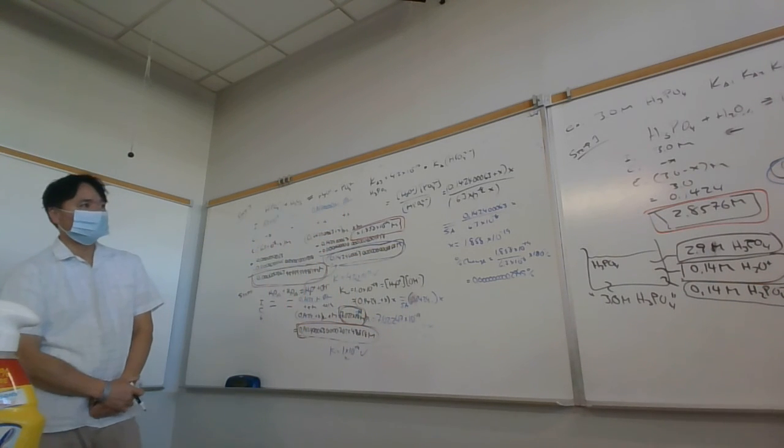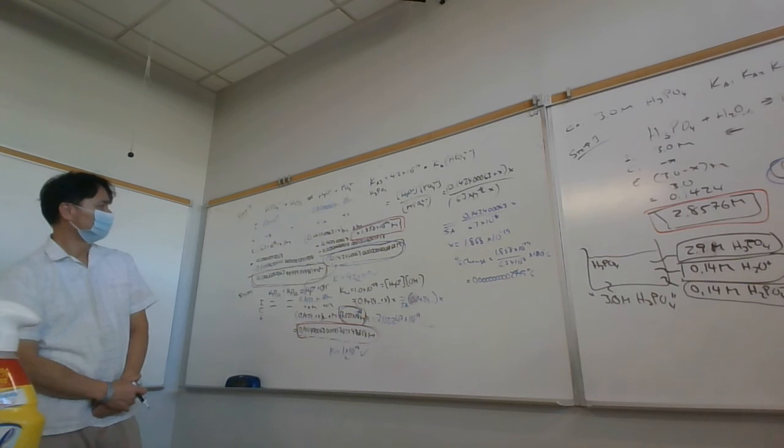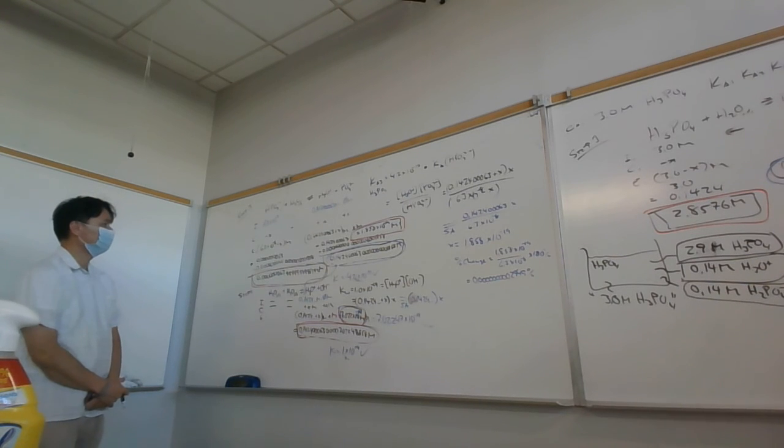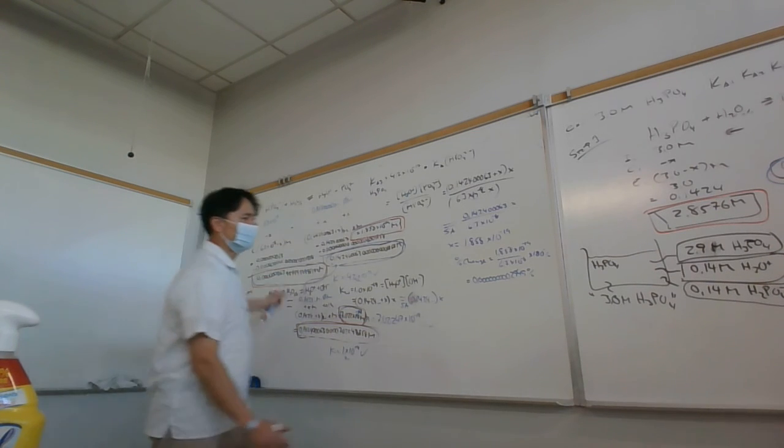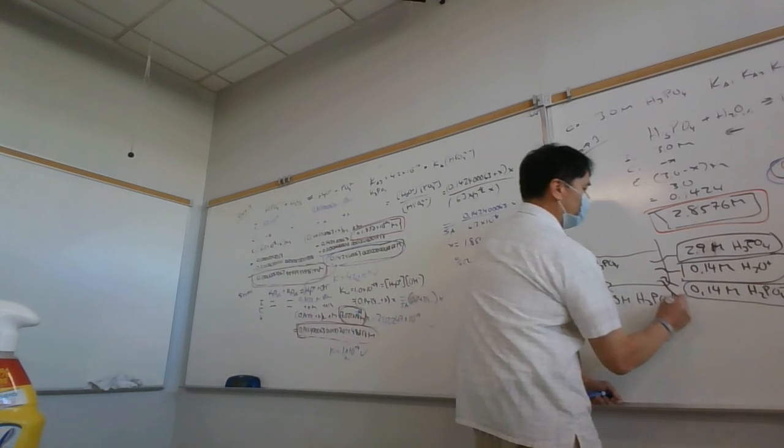And then what is the next most abundant species? Yeah, it looks like HPO4 is next.